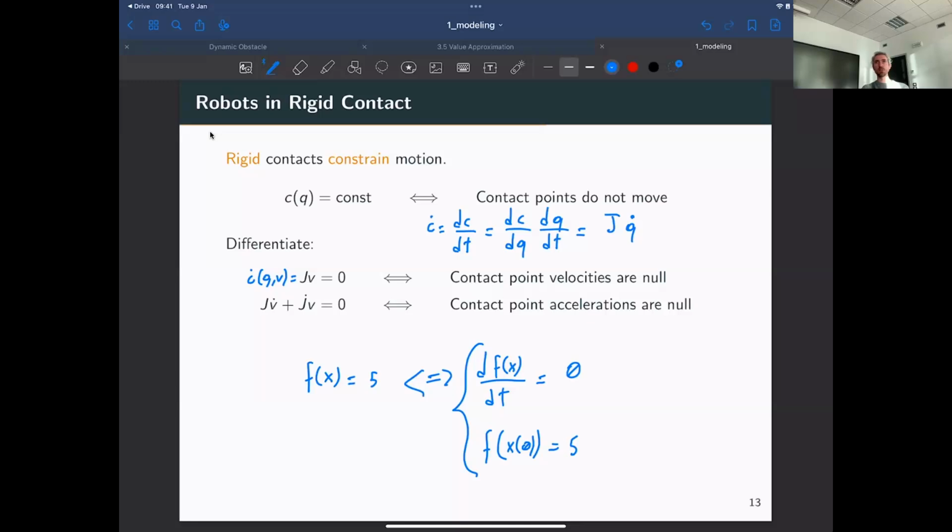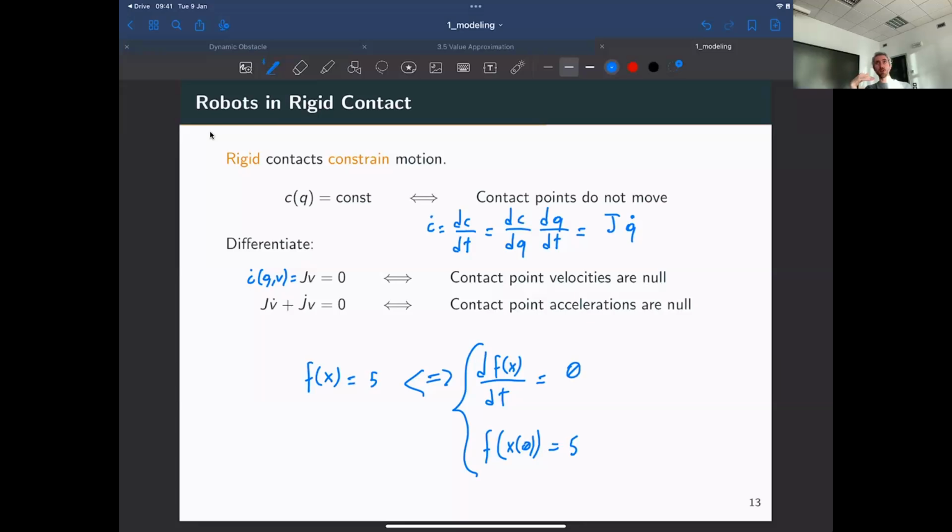Make sense? So if we know that our contact points are where they are supposed to be at time 0, then imposing that the velocity is null is sufficient to be sure that they will always remain there. And to make this work with the second derivative, we also need to make sure that the velocity of the contact points at the beginning is 0.